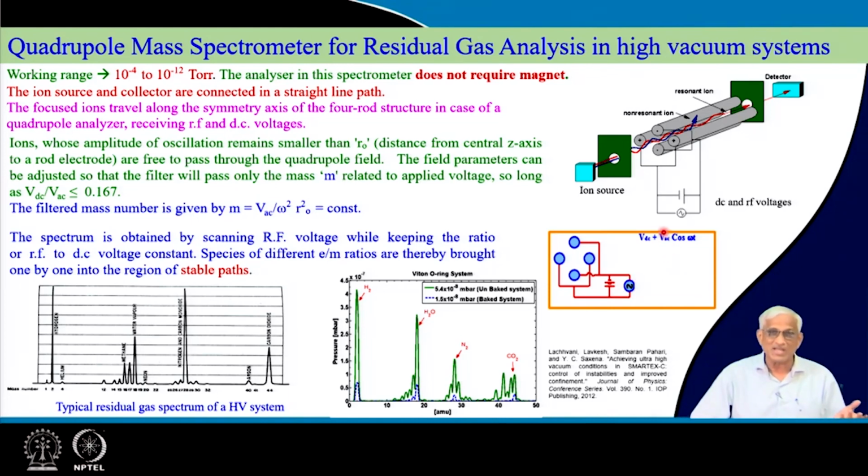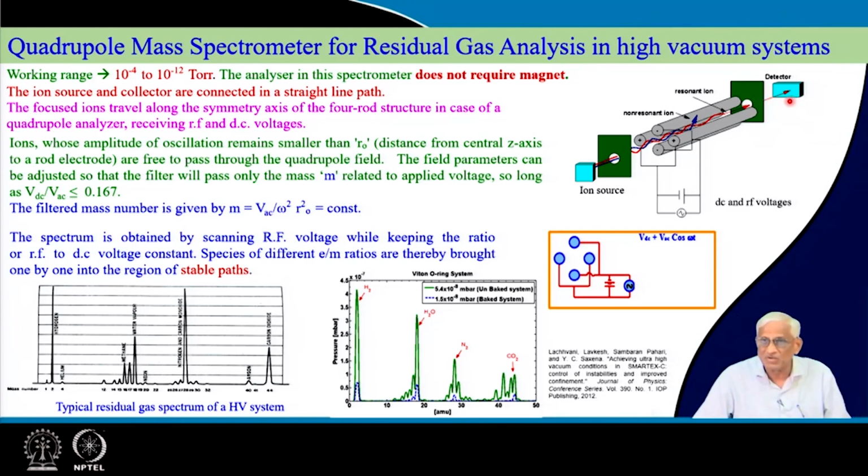So there is a competition between sluggishness and oscillations. For a particular ion for which all these things are matching, the oscillations are not reaching the radius or gap between these two. By the time it wants to go up, the RF voltage has already reversed. So that particular ion keeps on oscillating and is not sluggish enough to fall into any electrode and get short circuited, and it will be able to pass through. Once it is passing through, it will go to the detector.